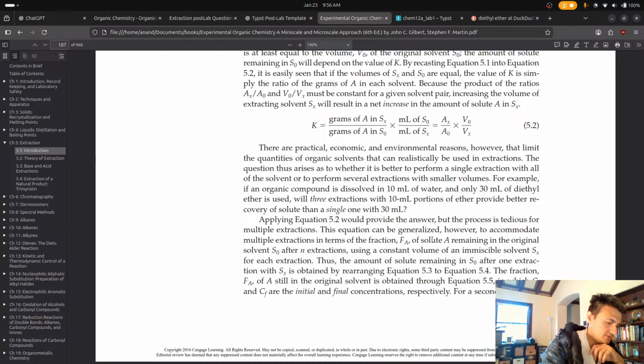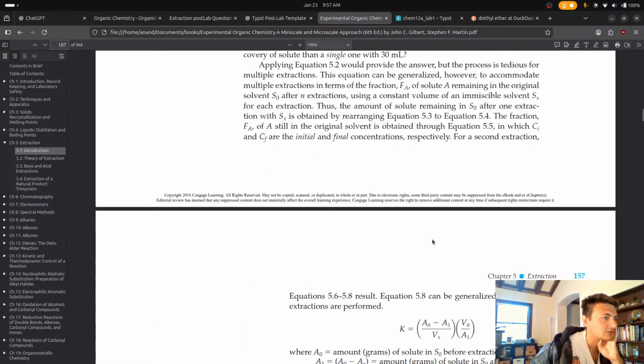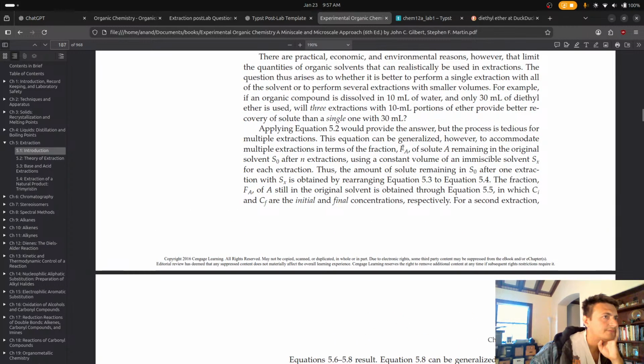So Fa is defined as the fraction of A remaining in the original, in grams or in concentration, after N extractions using a constant volume of an immiscible solvent Sx for each extraction.